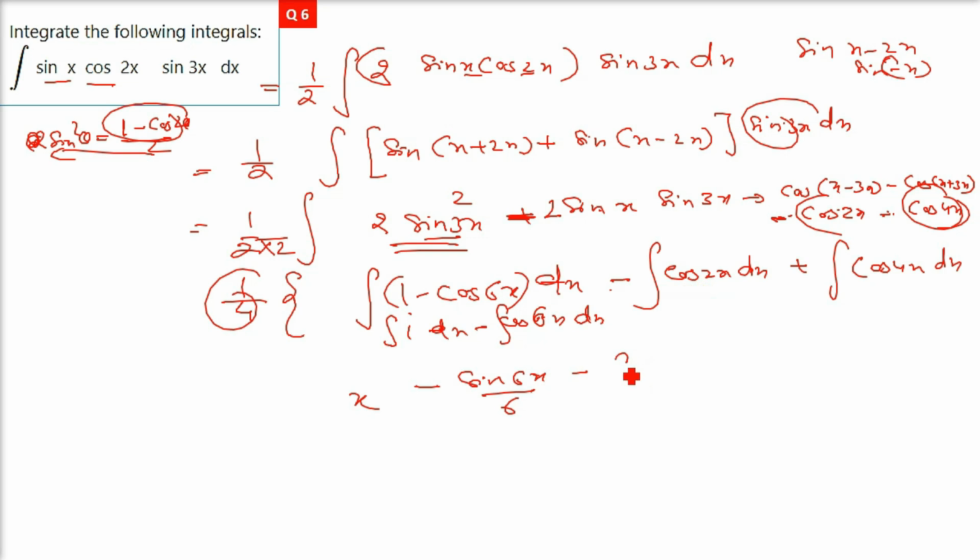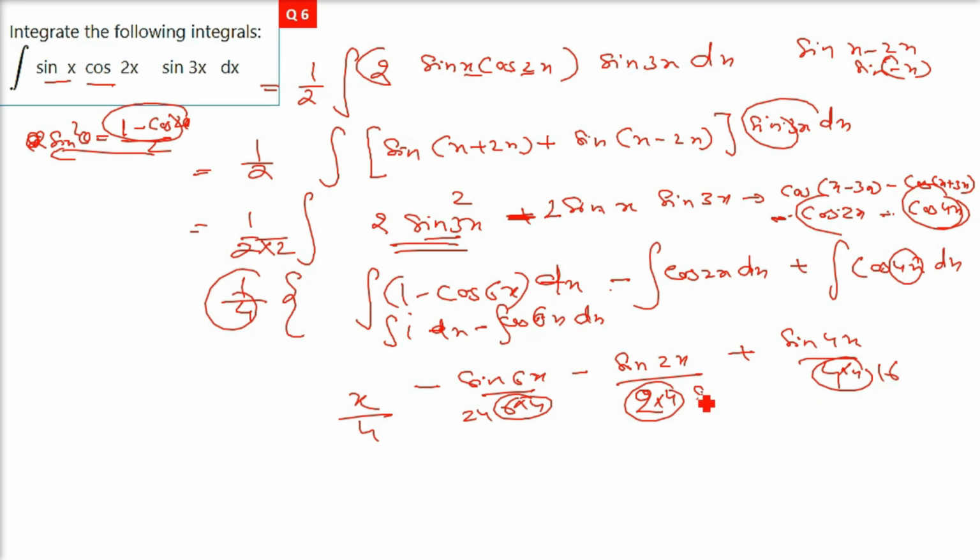Cos 2x is sin 2x, and differentiation of 2x is 2. It goes in the denominator. Plus, what is cos 4x? Sin 4x. What is the differentiation? It will be 4. 4 goes in the denominator. So now multiply this 4 in the denominator. Here also 4. Everywhere you need to multiply by 4 for all the terms which are already there in the denominator.